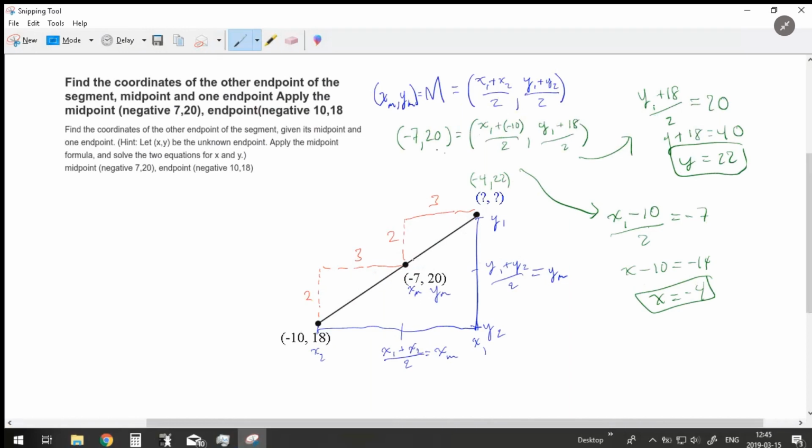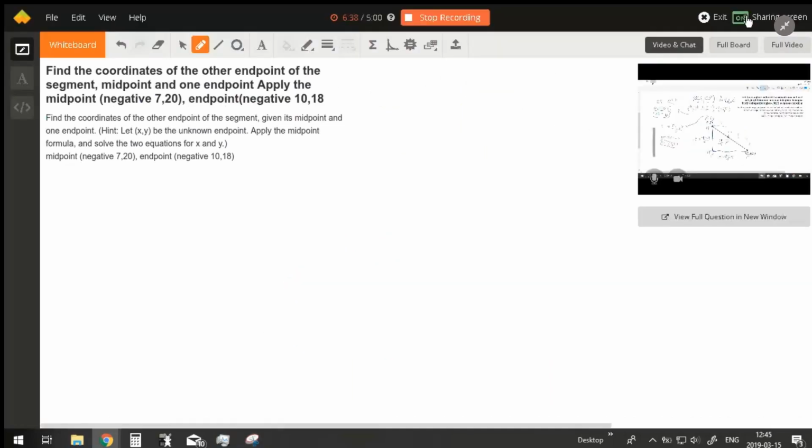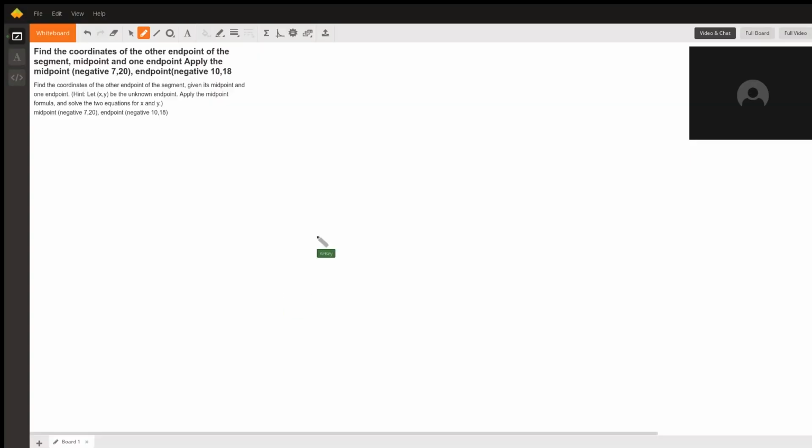So if we add 2 to 20, we go up by 2, we get 22. If we go over by 3 from -7, we'll be going in the positive direction. We'll get -4. So that checks out just fine. You can use that to check your work, or think of it as a much faster, easier way of solving the problem to begin with.